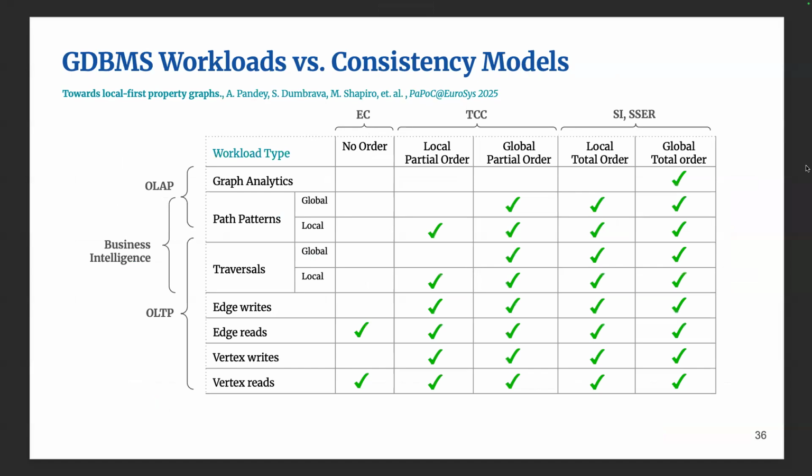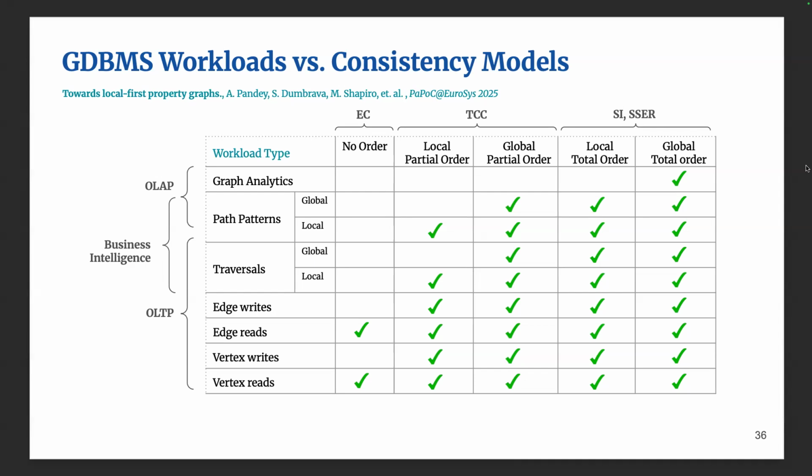Here in the upper part, we range from eventual consistency to strict serializability, depending on the amount of coordination that we allow. In the eventual consistency setting, we have minimal coordination, and in strict serializability, we have very strong coordination.